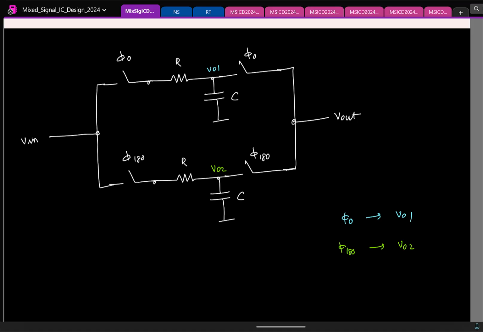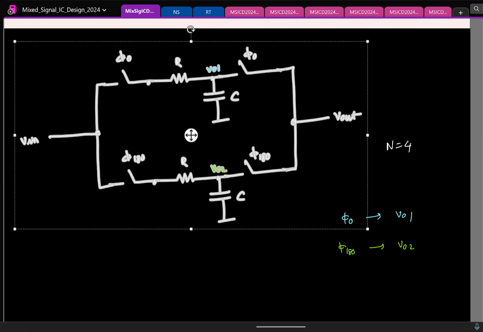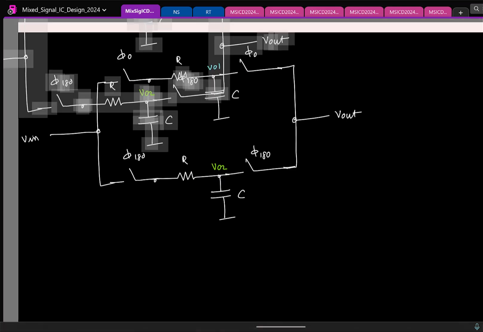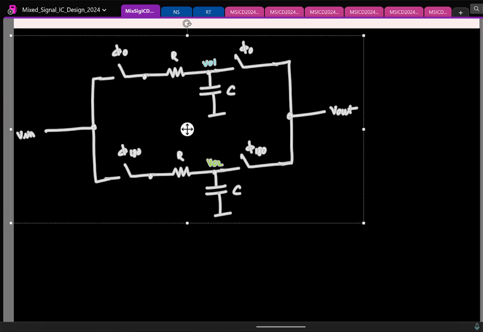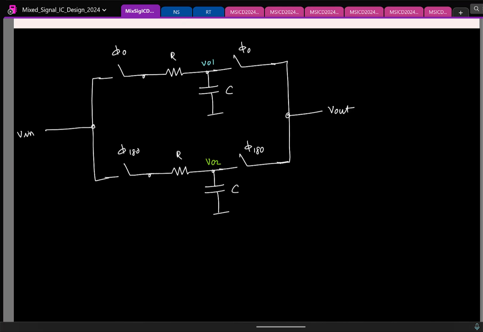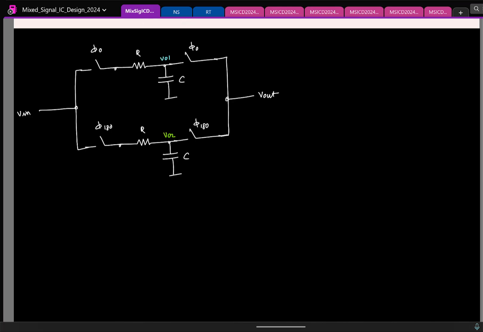Again, you don't necessarily have to stop with 2 of these parts. You can have general n, and in practice we choose n to be 4 for similar reasons. So when I do that, what I'll get is this. I'll try to extend it for 4 clock phases.